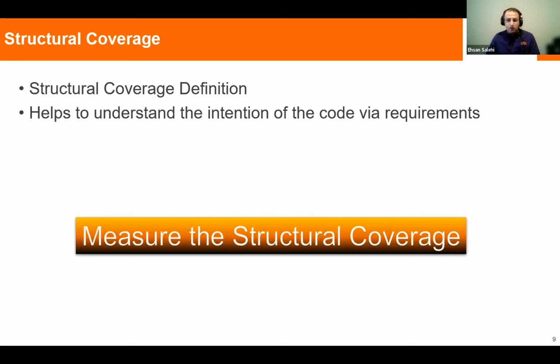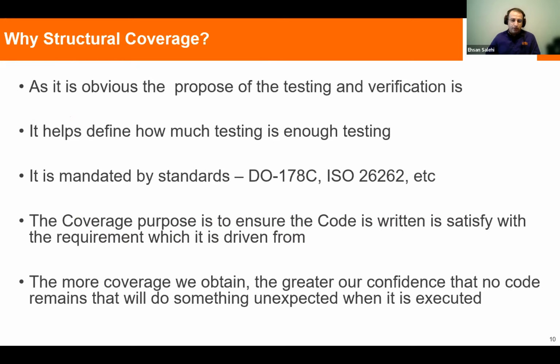In the following slides, we will see how to measure it and what the types of structural coverage are. It's obvious the purpose of testing and verification is to make sure we are satisfying the requirements. So structural coverage can help us understand how much testing is enough. And not only because it's mandated by the standard, but it also helps to improve the quality of the software.